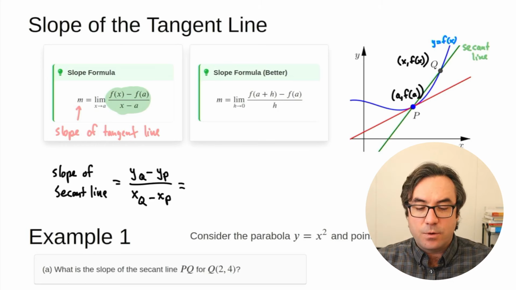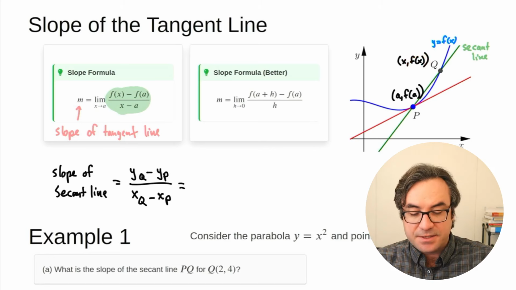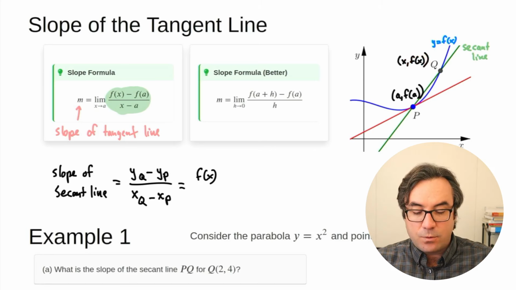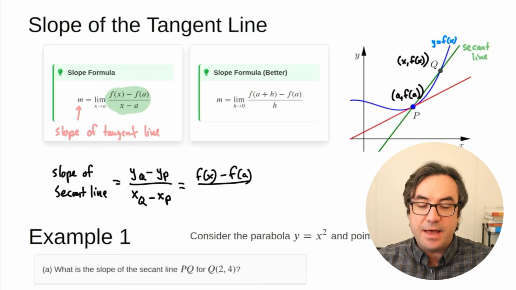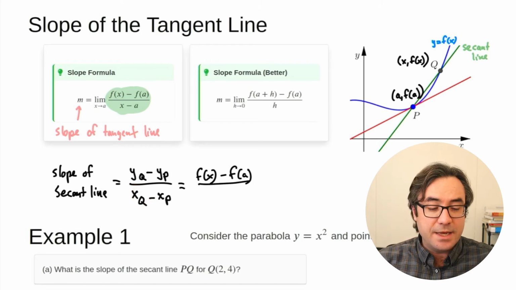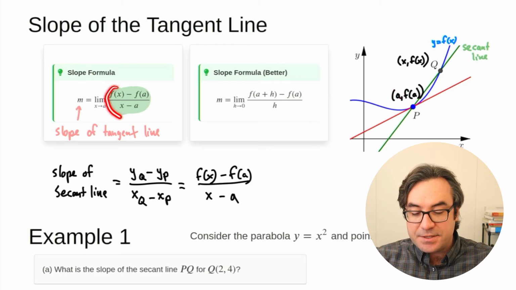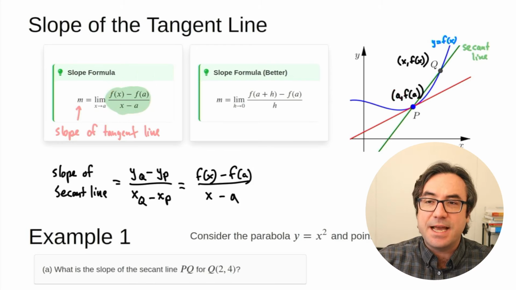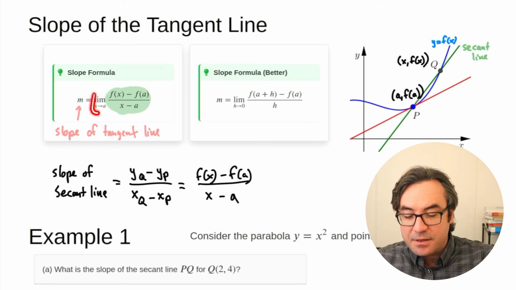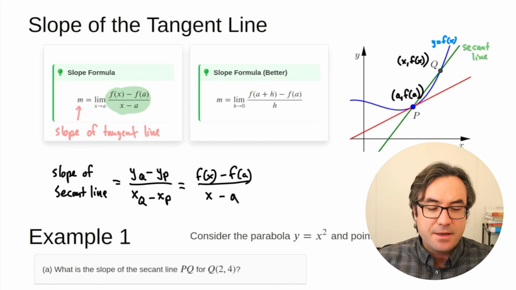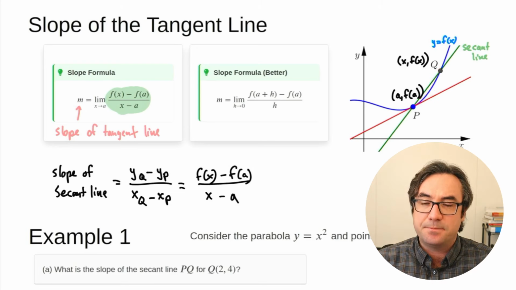Our y coordinate for point Q is f of x. The y coordinate for point P is f of a, and we subtract. The x coordinate for point Q is just x, and the x coordinate for point P is a. So this f of x minus f of a over x minus a is just the slope of our secant line. And when we take the limit of this as x approaches a, that's us moving point Q closer and closer to point P.